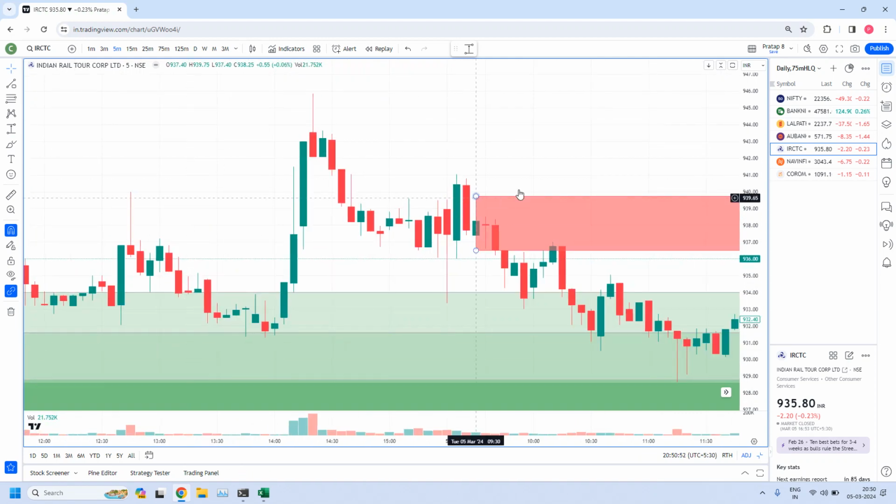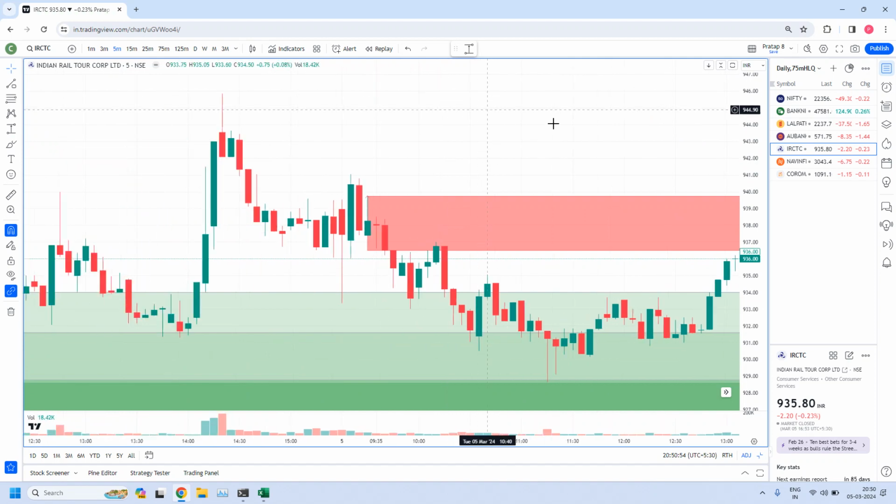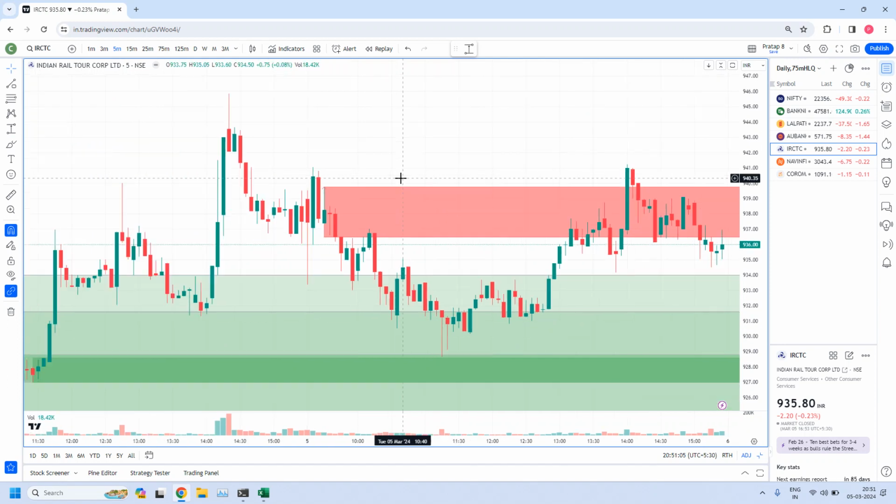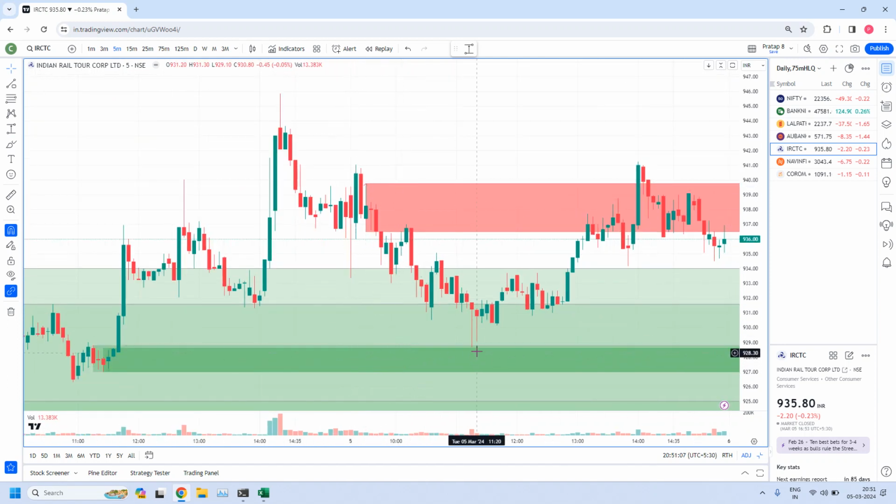See today what happened? Today at 11 o'clock 15 minutes, it reached the target. It gave the entry at 9 o'clock 15, just 5 paisa before the 5 minutes proximal line.